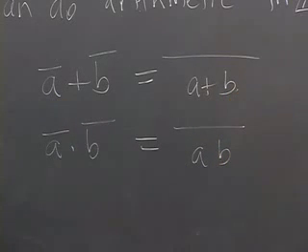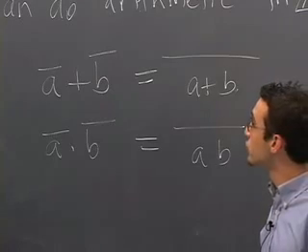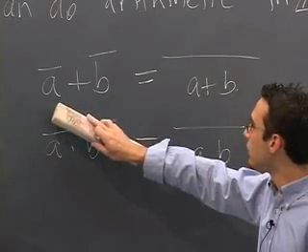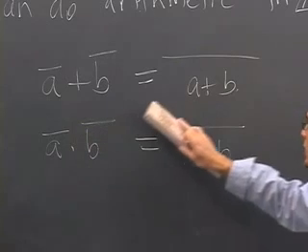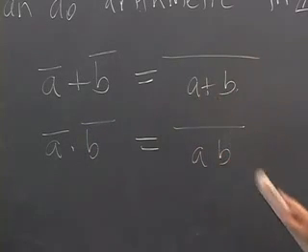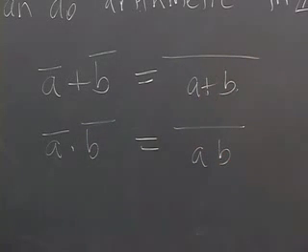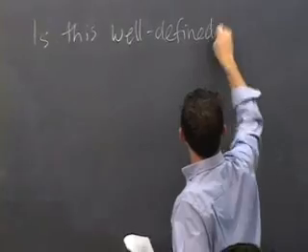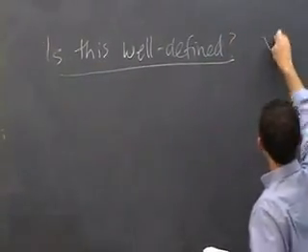So for instance, mod 12, we could write 2 bar as 26 bar, and there is some verification necessary to ensure that if we change the representative, we aren't changing the outcome on the right-hand side. So, is this well defined? The answer is, of course, a resounding yes.